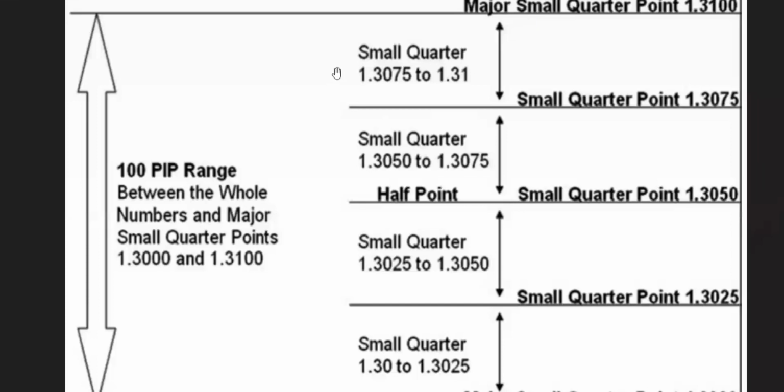But today we'll be looking at this division of price on each 100 pip range. Remember the previous time we looked at the division of price around the 1,000 limit. But today we're looking at the division or simplification of price within each 100 pip range, that is between the whole numbers and major small quarter points. All right. So we'll be splitting price between the whole numbers and the major quarter points.